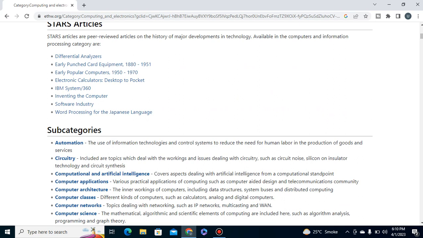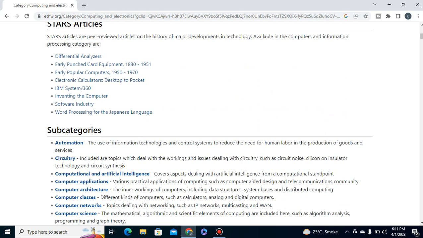Computer architecture: the inner workings of computers, including data structures, system buses, and distributed computing. Computer classes: different kinds of computers such as calculators, analog and digital computers.